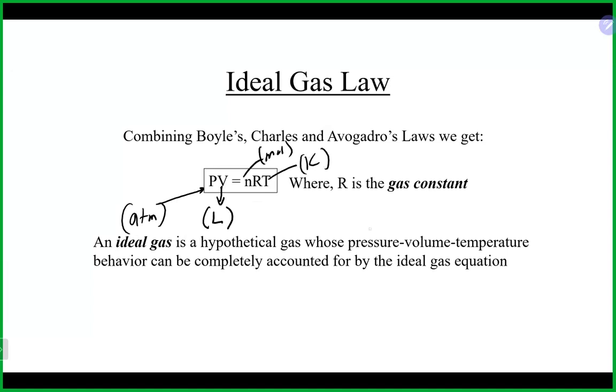The reason all of those have to be in those units is the value of the gas constant, 0.08206 liters times atmosphere over Kelvin times mole. In order for everything to cancel out correctly in terms of units, those are the units everybody has to be in, which means if you can remember the units for the gas constant, you know what all the units have to be for everybody else in the ideal gas law.